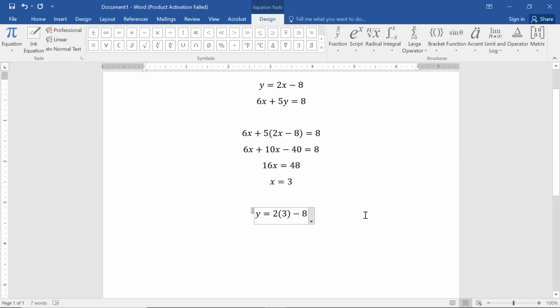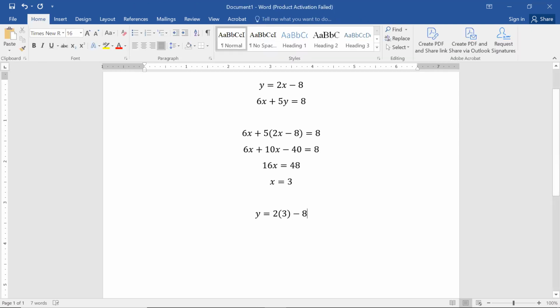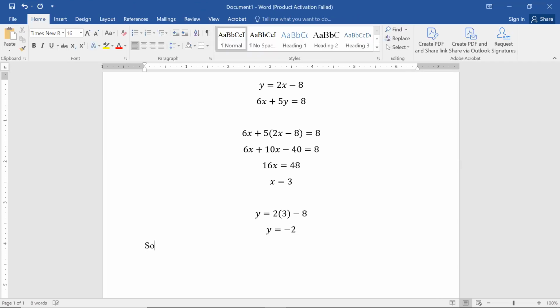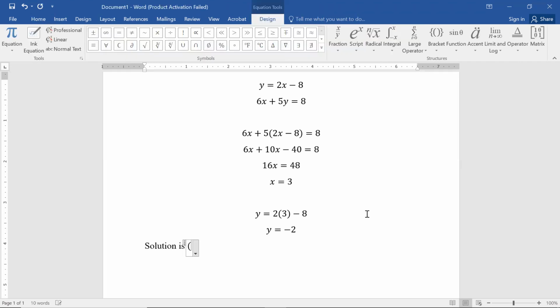Once I know that x is 3, I just replace the x with the number 3, and you get y is equal to negative 2. So that means the solution to this system of linear equations is the point (3, -2).